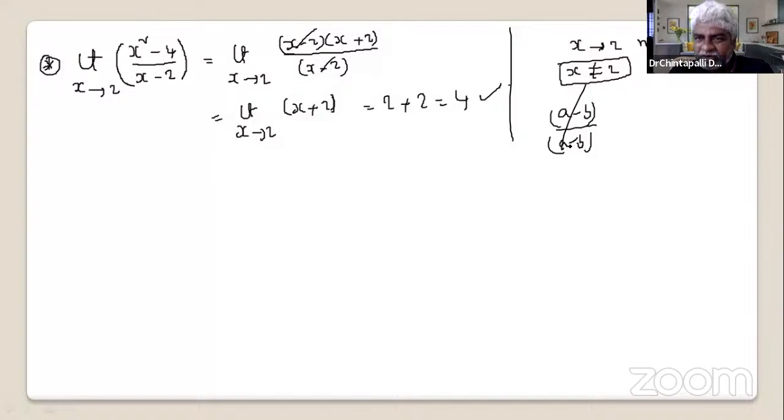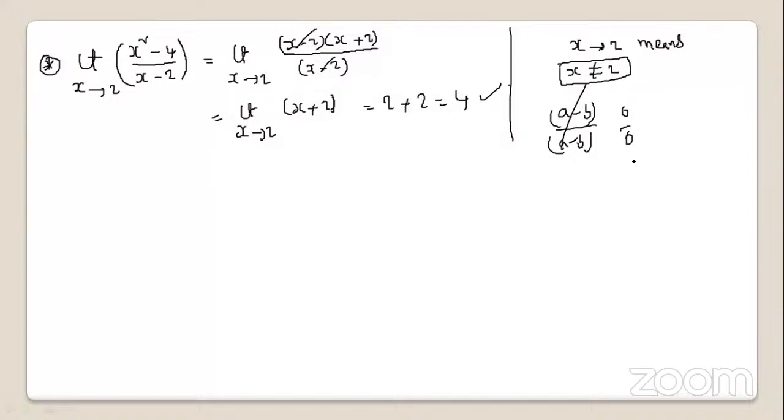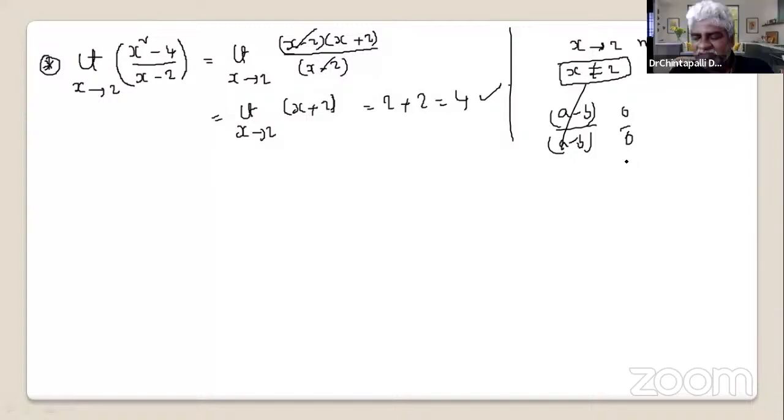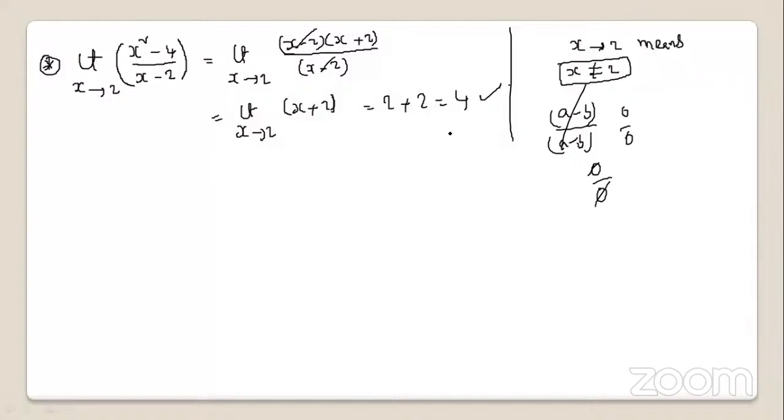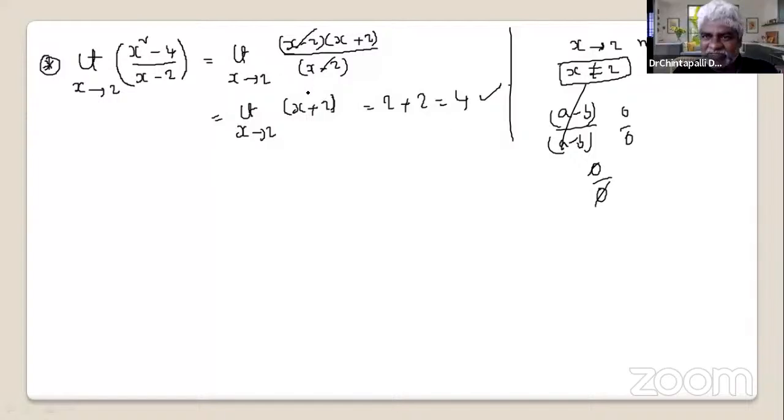So that means we should not cancel 0 by 0, right? Yes. The lesson from that absurdity is that 0 by 0 cannot be 1. That means we cannot cancel 0 by 0, right? Yes. But what did we do here? We cancelled x minus 2 and x minus 2.